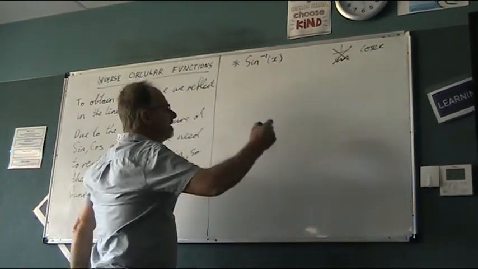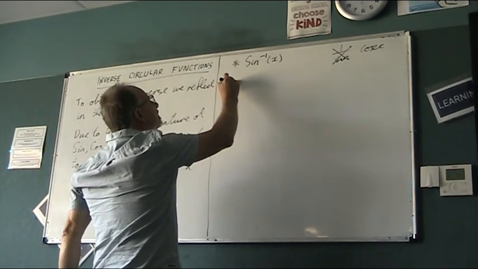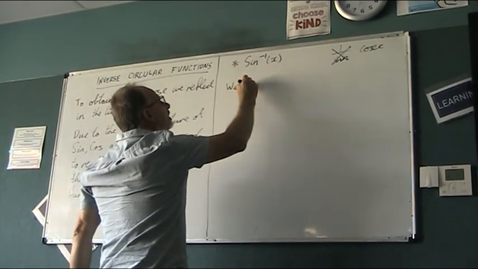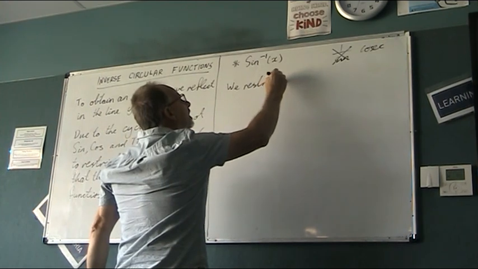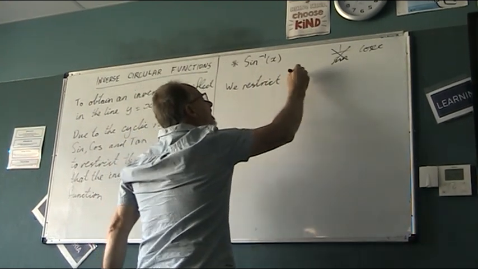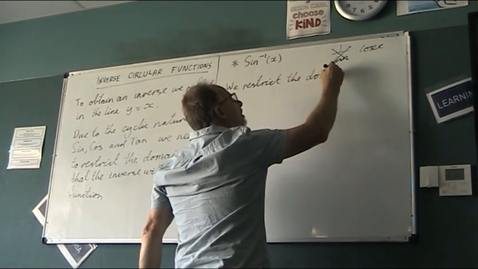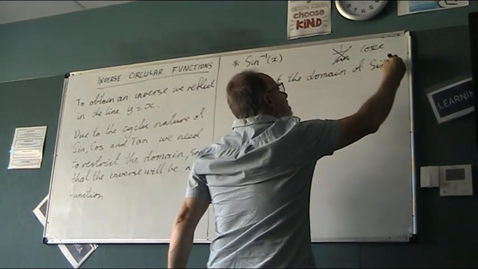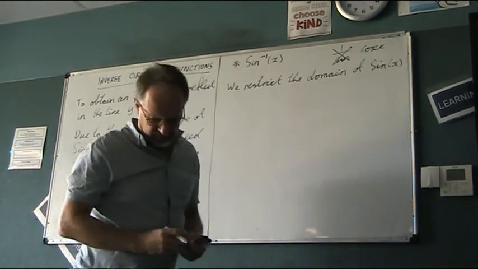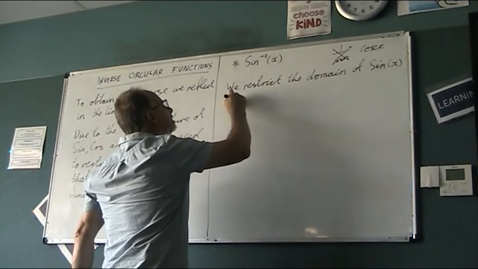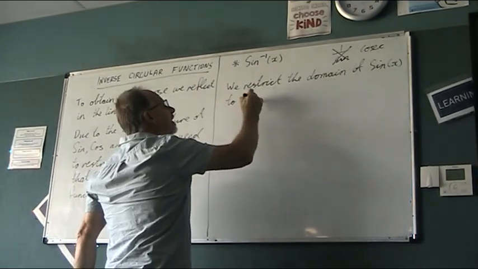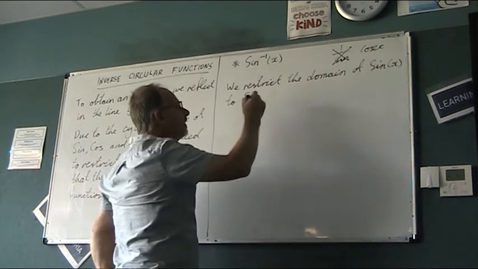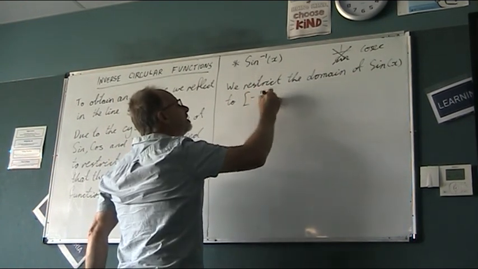All right, so sine -1 of x, we restrict the domain of sine x, and we restrict the domain to negative pi on 2 to pi on 2.